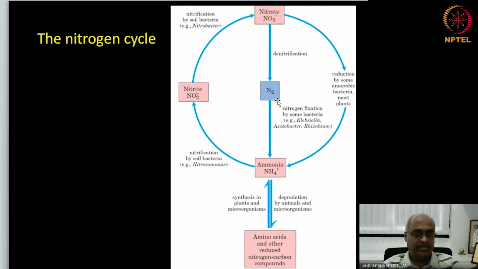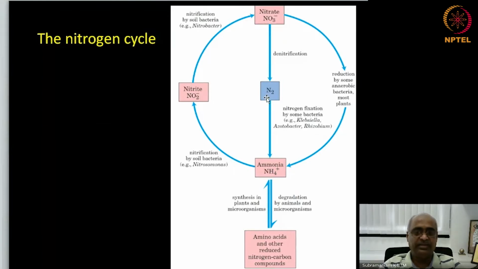Bulk of the air is made up of nitrogen. But this nitrogen is not directly usable. For example, this nitrogen doesn't become the amino group in our amino acids, or the nitrogen incorporated into purine and pyrimidine rings, or the porphyrin rings that we saw in the cytochromes.